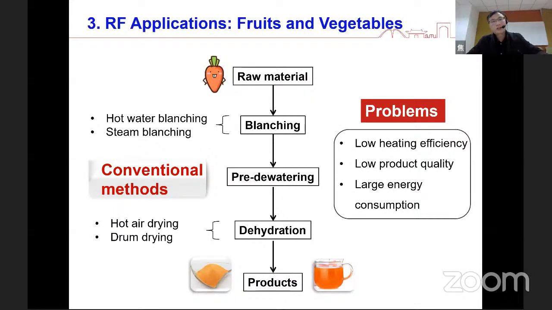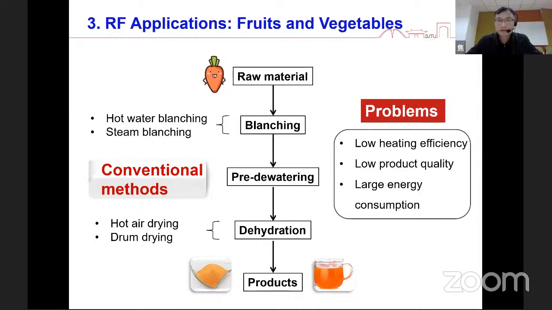And the next application for the RF heating is for fruits and vegetables. Generally, it's not very suitable to use RF heating to treat high moisture foods. You can see why, especially for fruits and vegetables. They generally have higher moisture content, so they would have a higher RF heating rate, right?